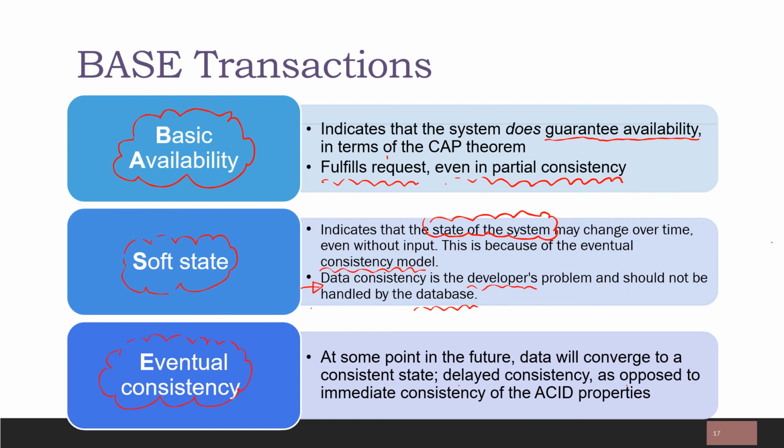It may include some delay, but it will converge and it will be eventually consistent. Okay, and this is opposite to the immediate consistency and the strong consistency model of ACID properties. So BASE is, in conclusion, an alternative to ACID properties.